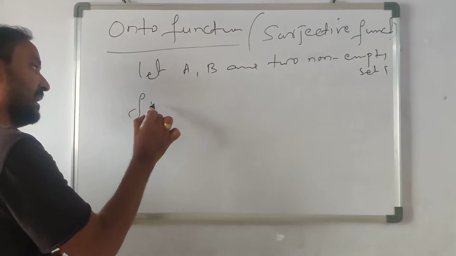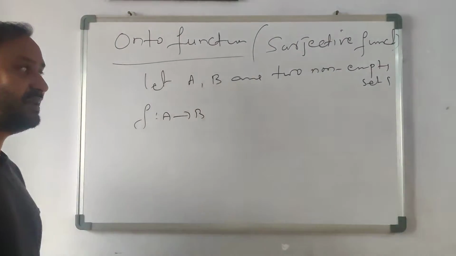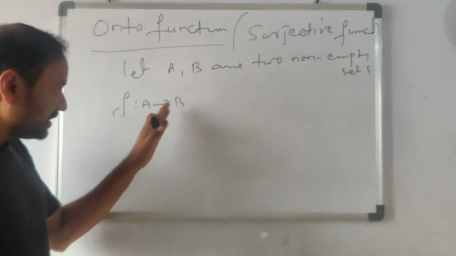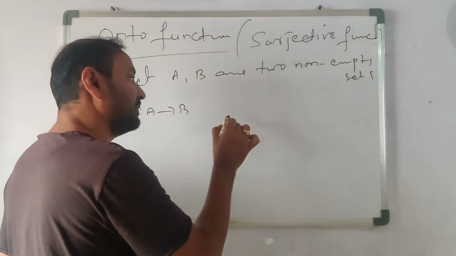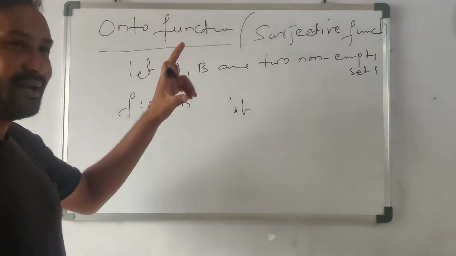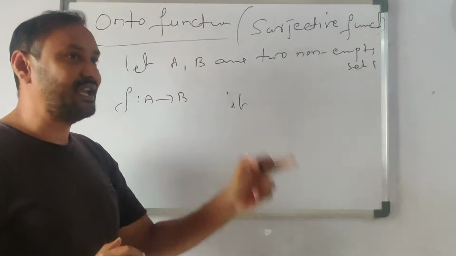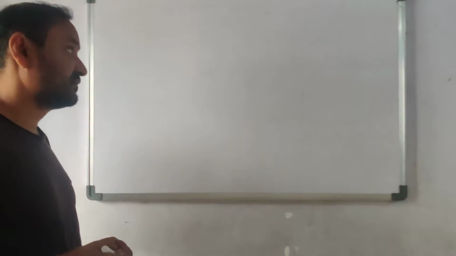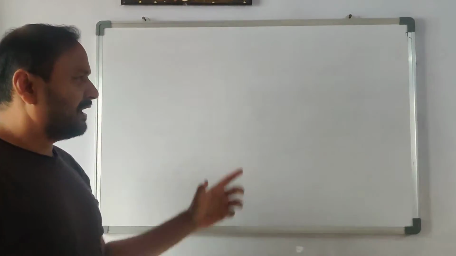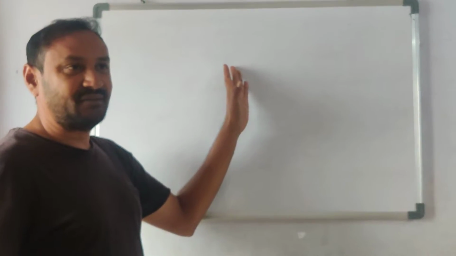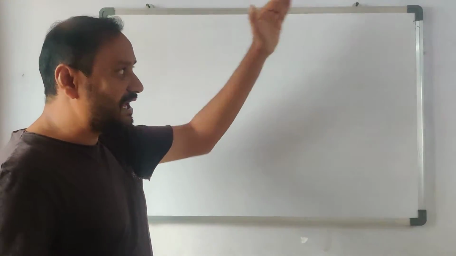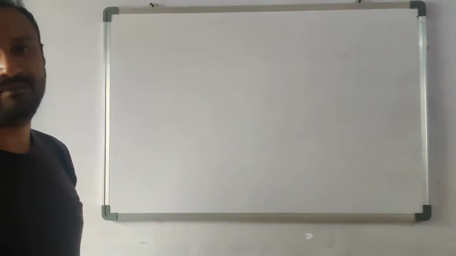The function f from A to B is said to be onto function or surjective function if every element of B has a pre-image in A. That is, every element of B has at least one pre-image in A.